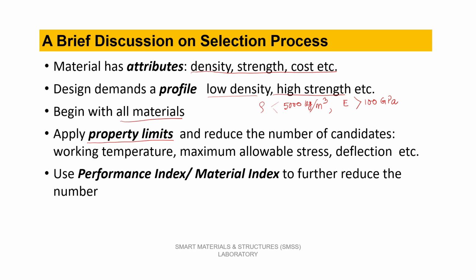Then you have to further use the performance index, or the material index, to further reduce the number, because the material index will actually tell us not just about one property, but how two or more material properties are going to act together in terms of taking a decision. That is what is important.